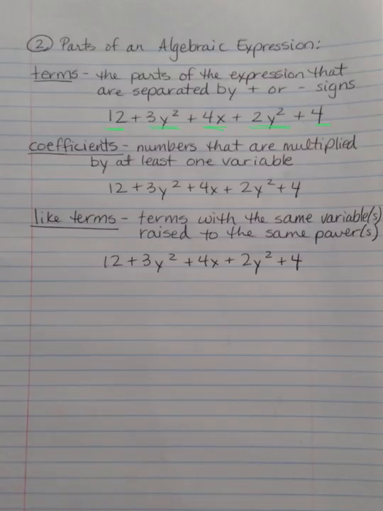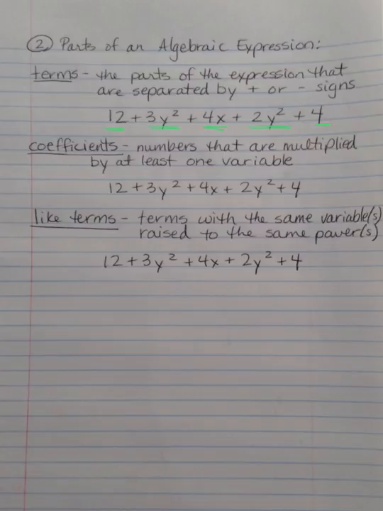Next are coefficients. Coefficients are numbers that are multiplied by at least one variable. So if we look at that same expression, I'm looking for numbers that are multiplied by at least one variable, so at least one letter in there.